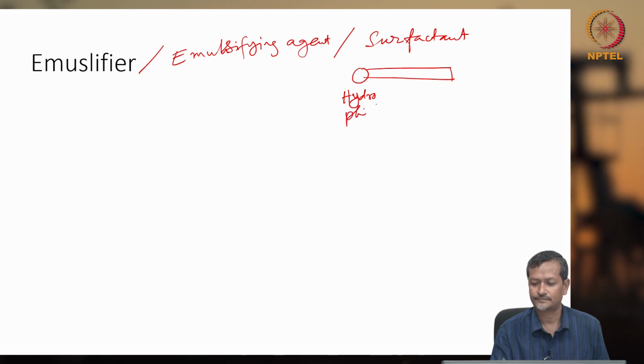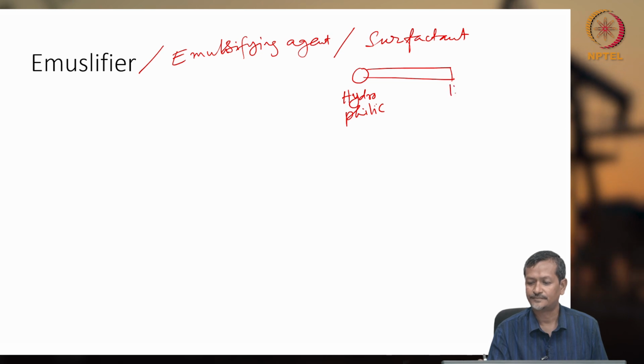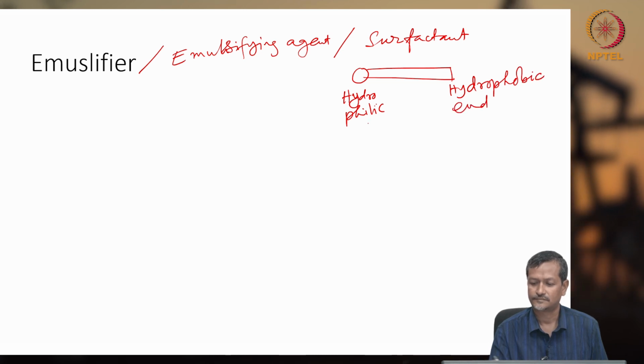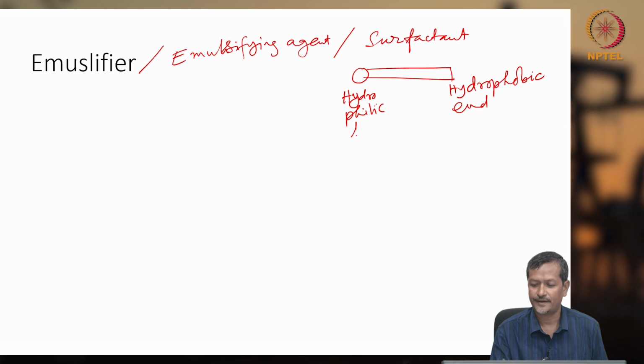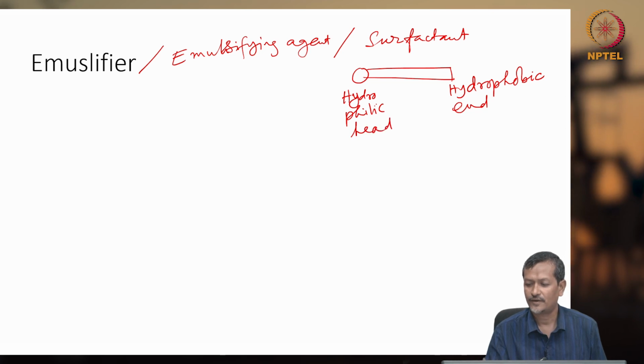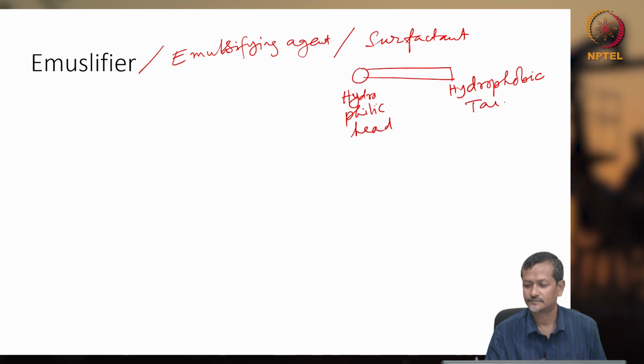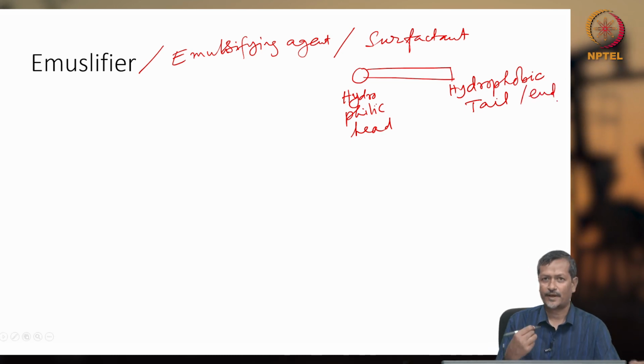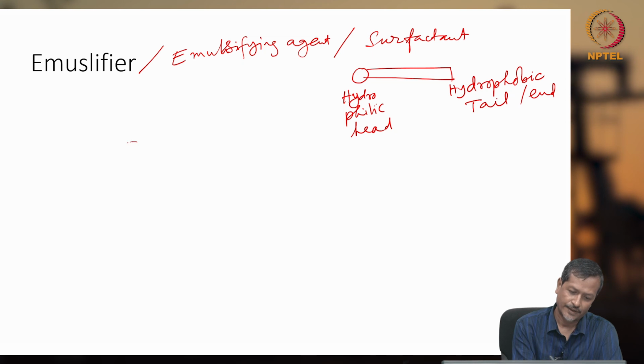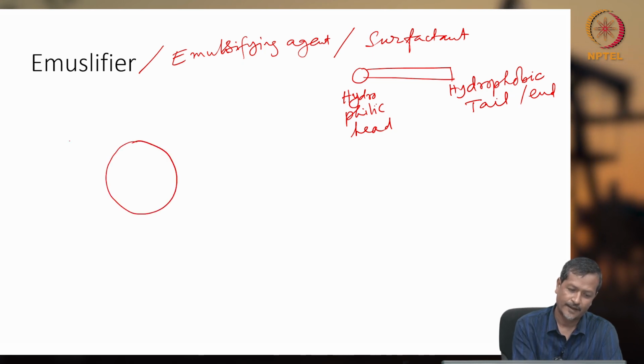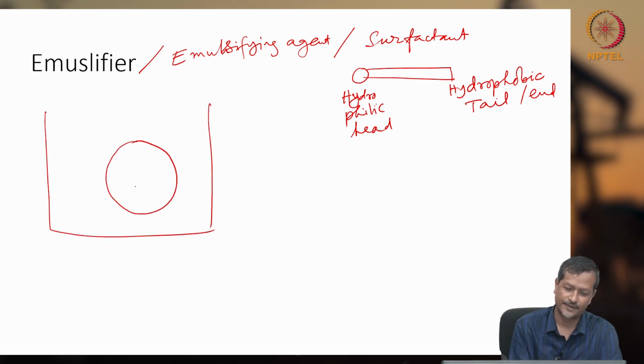This end is hydrophilic, this end will be hydrophobic. Hydrophilic head or end, or tail, you can say. So what happens, you get one oil particle, and the oil particle is in water. Let's say this is my water.